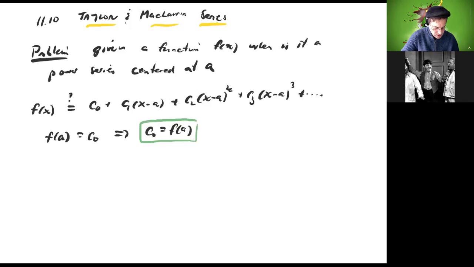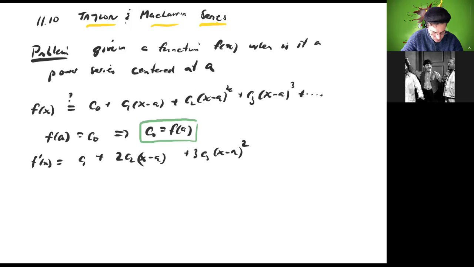So now let's compute c1. How do I do that? Well, one way to do that is to differentiate the expression. So we'll get f prime of x equals c1 times the derivative of (x minus a), which is 1, plus 2c2 times (x minus a) to the first power, plus 3c3 times (x minus a) squared plus 4c4 times (x minus a) cubed, and so on.